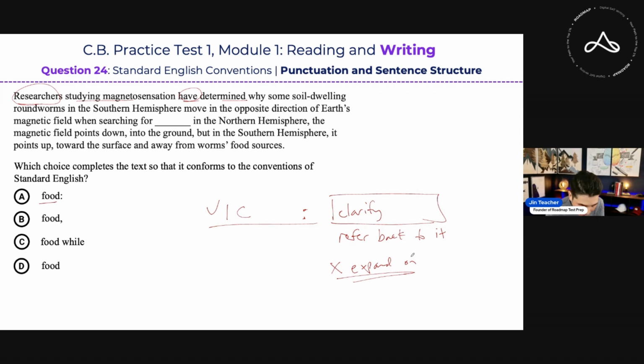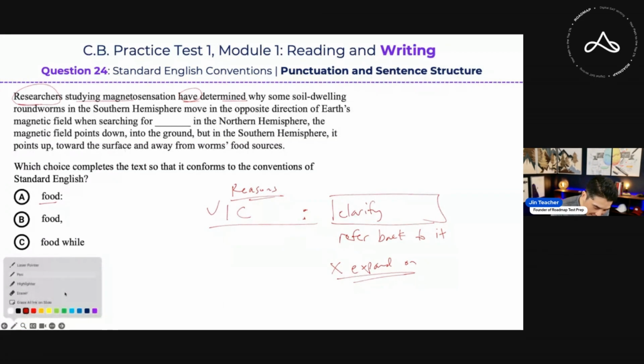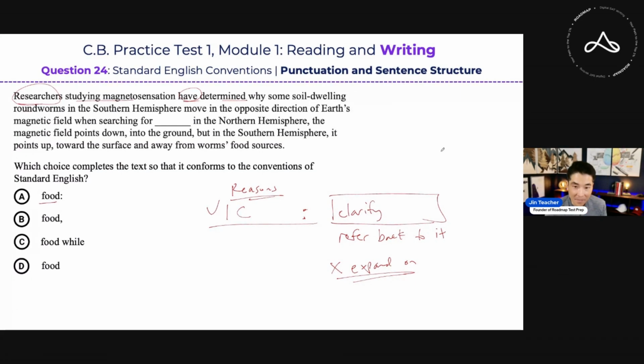Now, if you notice here, it's exactly what it's doing, right? Because the independent clause says, oh, we know, researchers know why. They've determined the reasons that roundworms move in opposite directions when searching for food, right? So the information after the colon here kind of clarifies what those reasons are. It says the magnetic field points down into the ground.